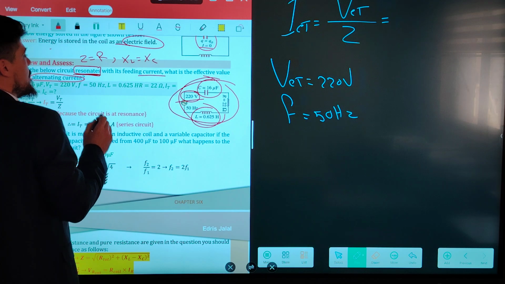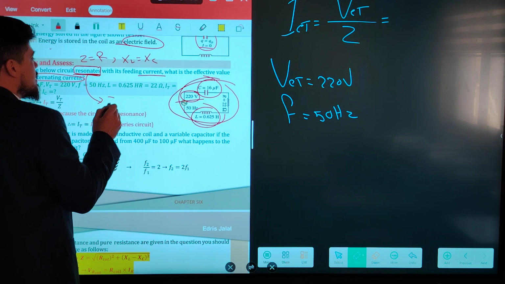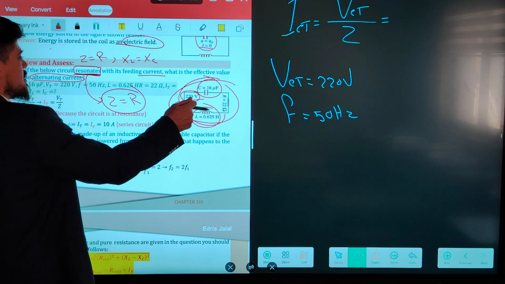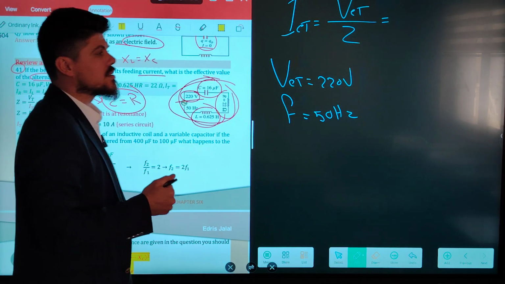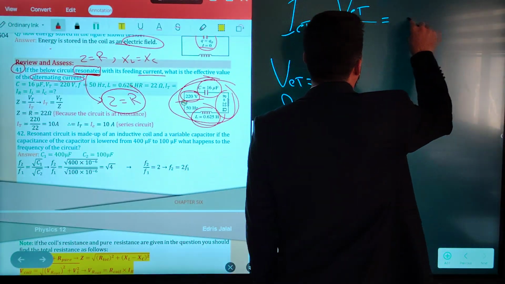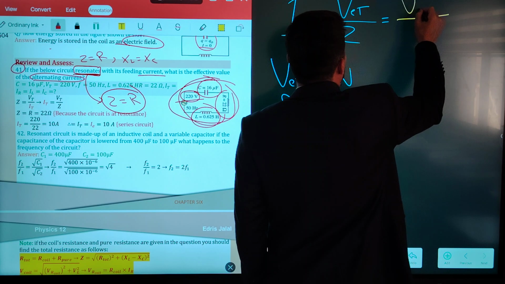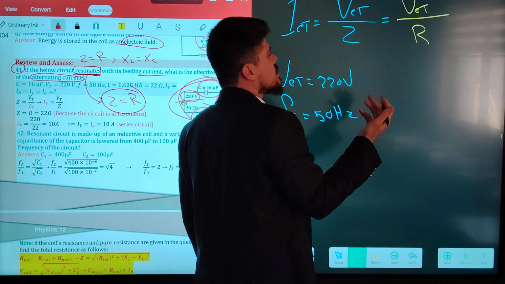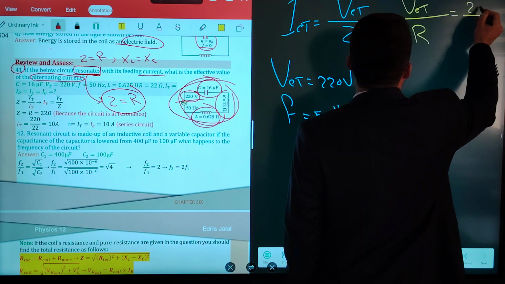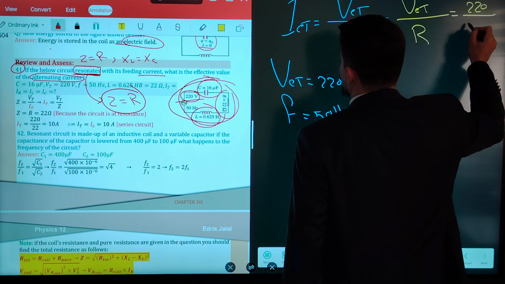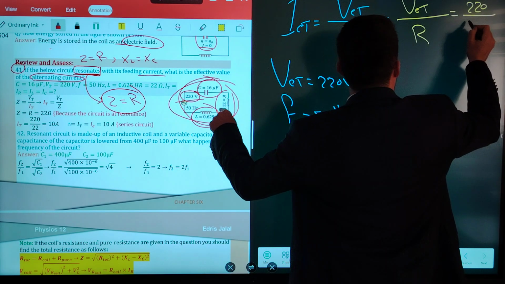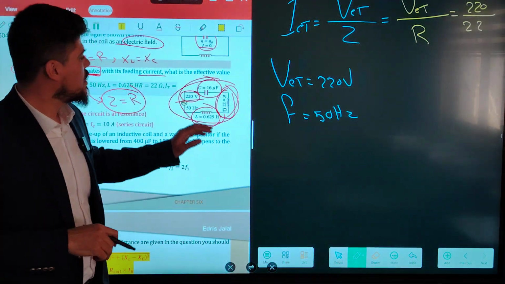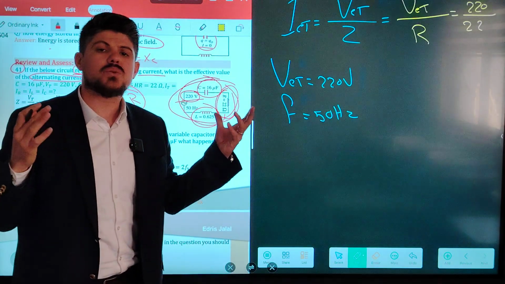Do we have Z? No. But be careful at resonance. Z is equal to what? Z is equal to R. Do we have resistance? Yes, we have resistance. So can you write down here VE total over R instead of Z? Yes, of course. VE total 220, divided by 22 ohm. Guys, don't try to find total impedance.